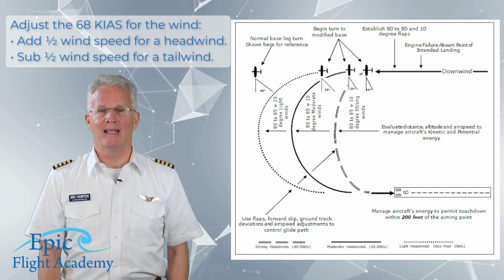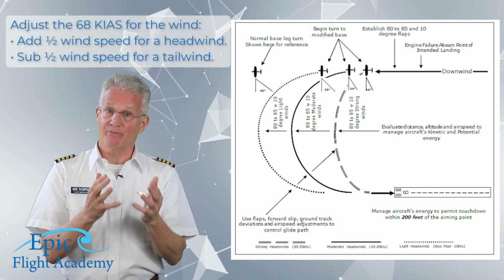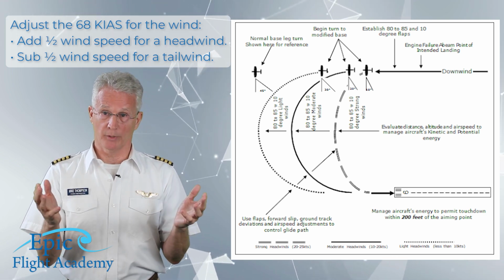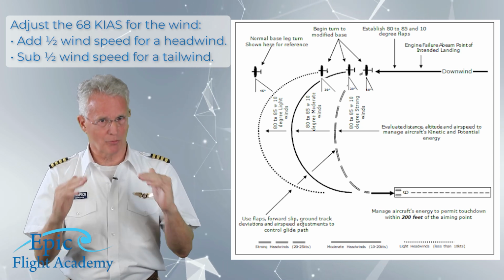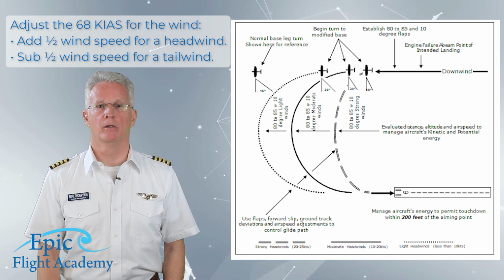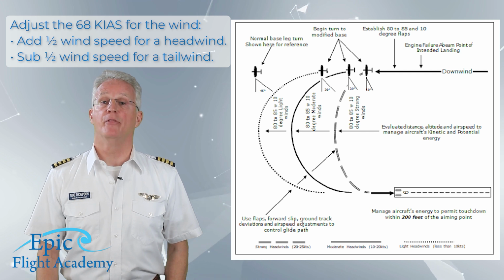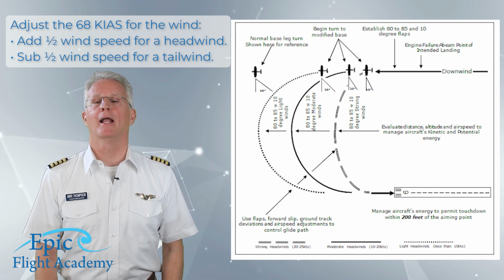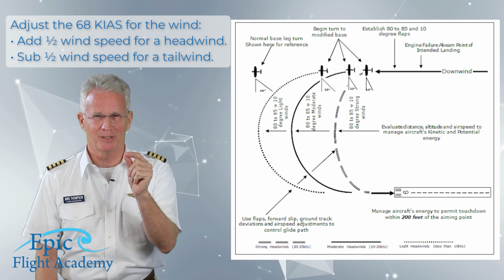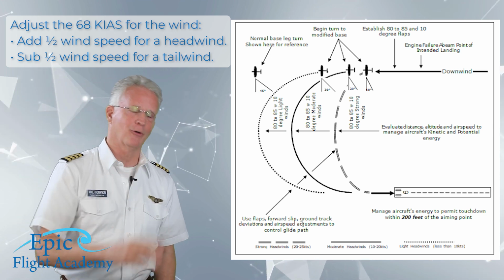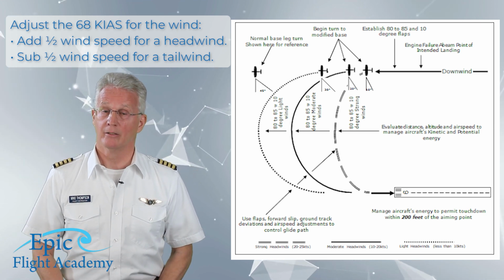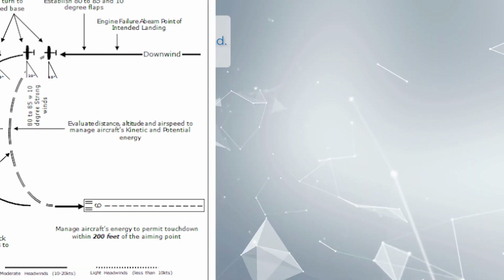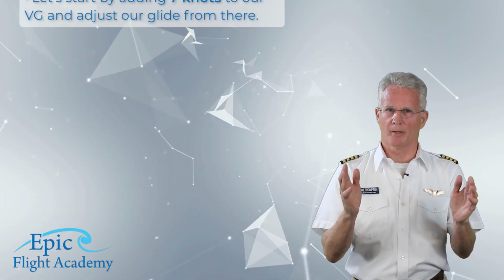Do this by adding half the wind speed for a headwind, or subtracting half the wind speed for a tailwind. And this will determine our aiming point placement, our third key to this maneuver. Now let's set up a real world example.